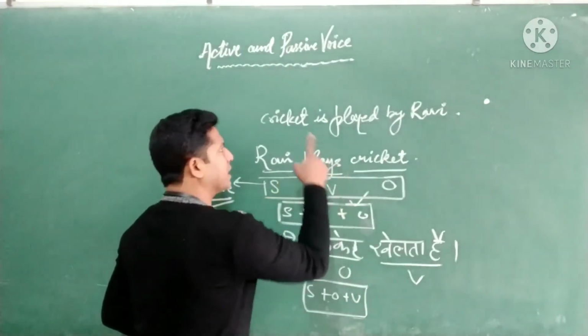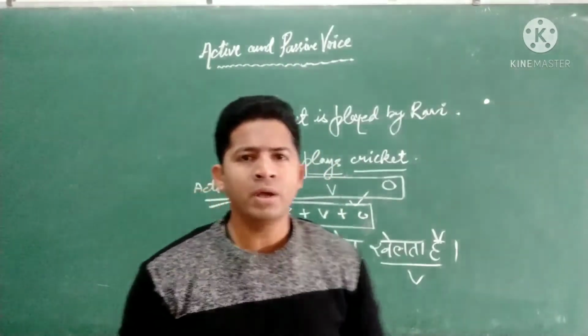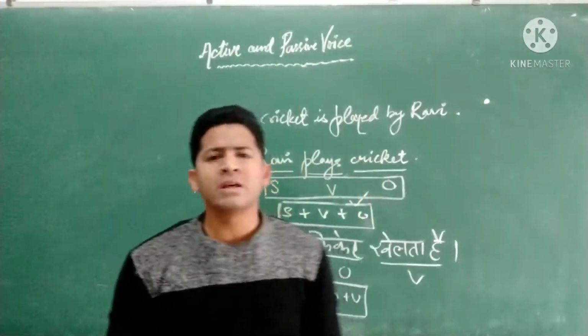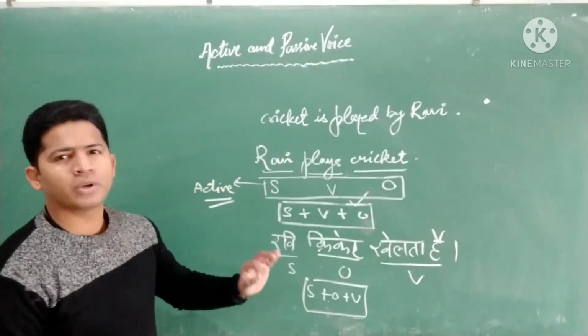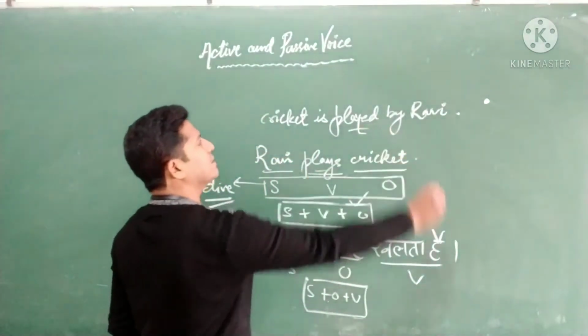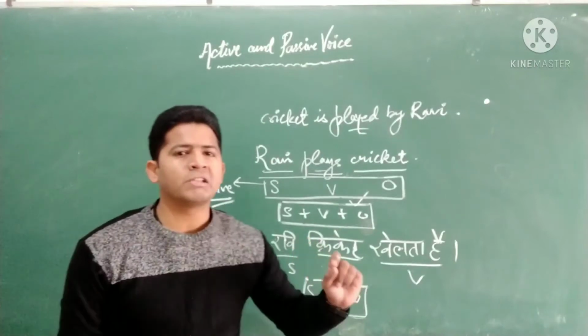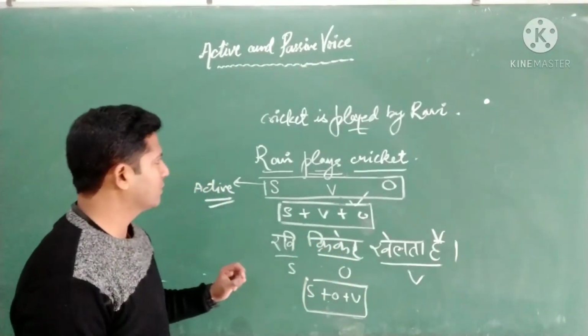Here also Ravi is playing cricket, and here also cricket is played by Ravi. Both are exactly the same. The difference you can see is the change in structure, but it is not changing the meaning.